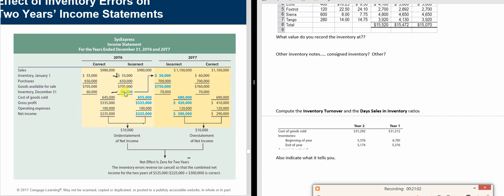So if ending inventory is off in one year, the next year you're going to add in that wrong number, and notice that over 2 years it fixes itself. So if you're an optimist, you could say at least it fixed itself next year. If you're a pessimist, you can say if you count inventory wrong, you mess up 2 years of financial statements instead of one. So it's just whether you're a glass is half full or a glass is half empty person on that one.